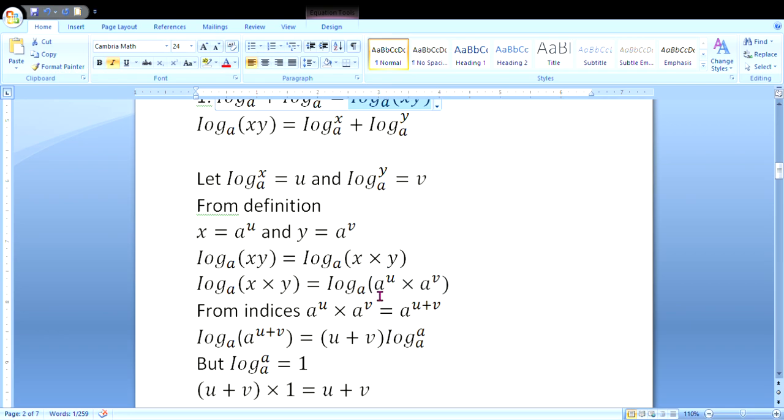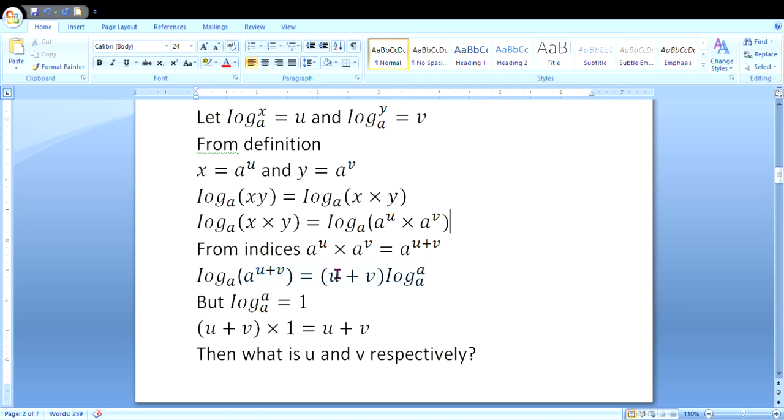If that is done, you can see clearly that log xy to base a is equal to log a, open bracket, a raised to the power of u times a raised to the power of v.